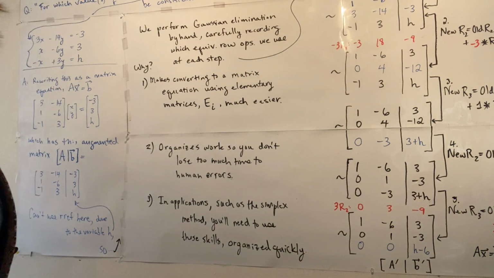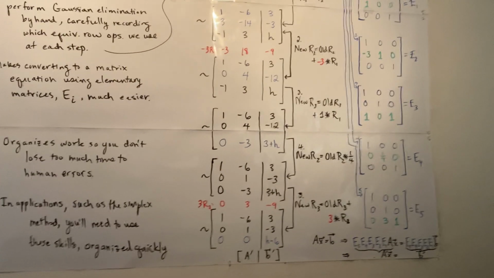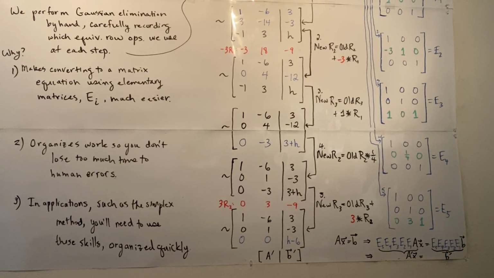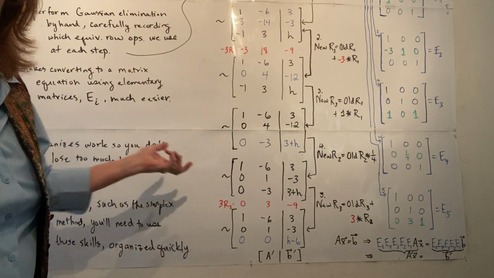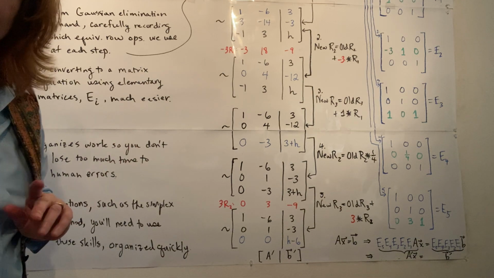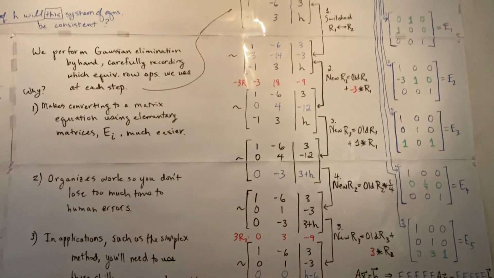So here we are. On my tests and quizzes, I'll often give you some array like this with just some of the numbers missing, and you have to fill in the blanks. So knowing what you're doing is essential on that level too.